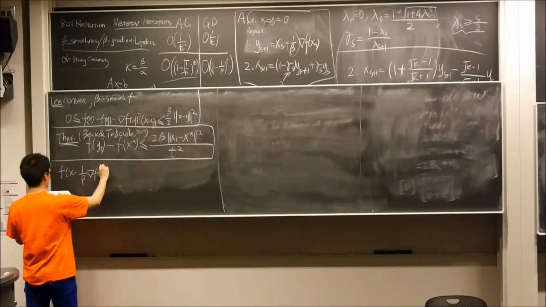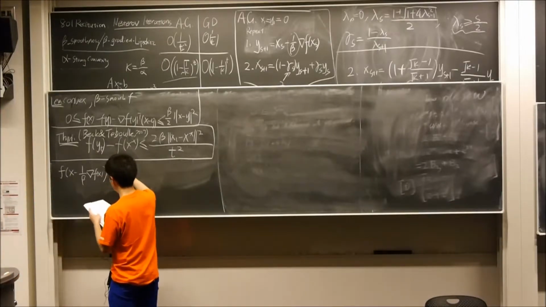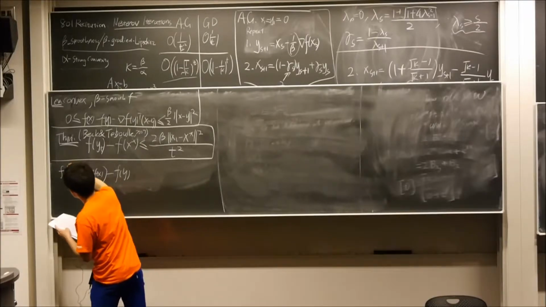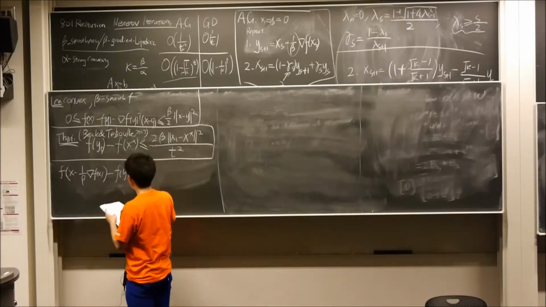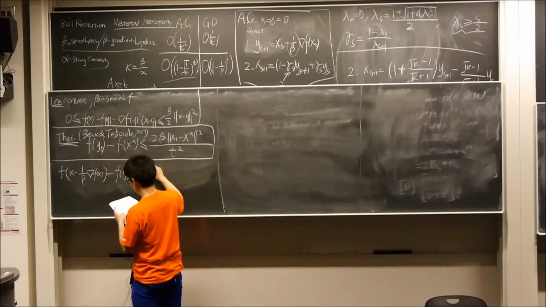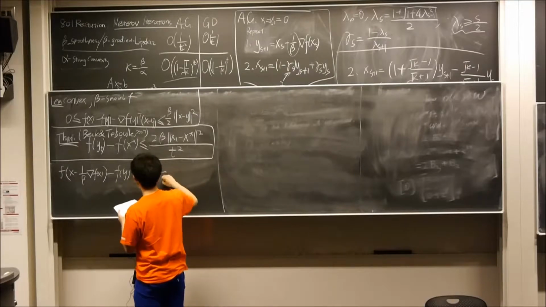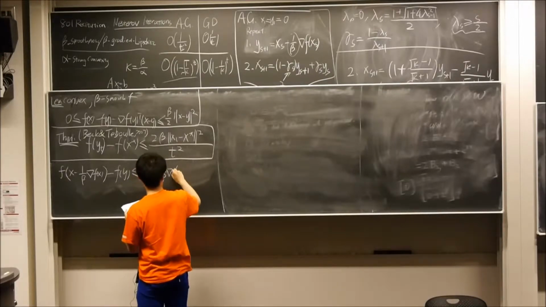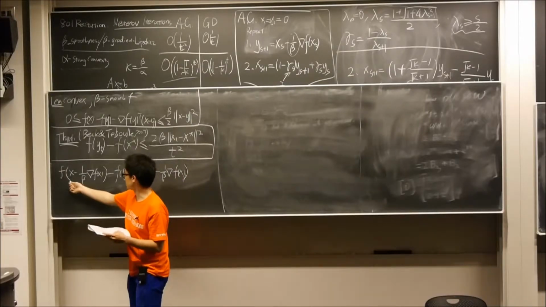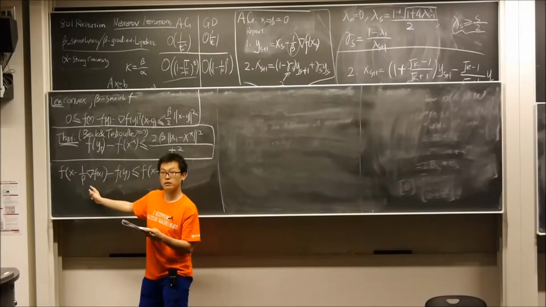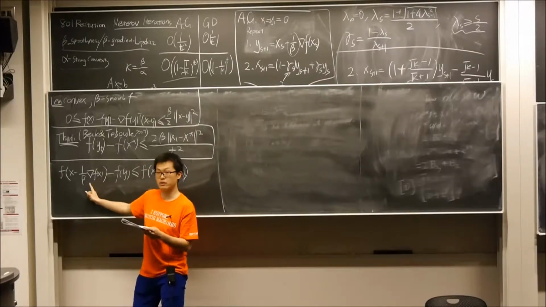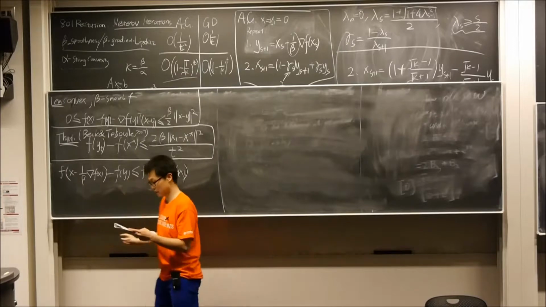Just stop me and ask if you feel any part of the talk is unclear. It is smaller than f. By the way, this is just our first step, the first step in the iteration, to descend along the gradient direction by a step size of 1 over beta.